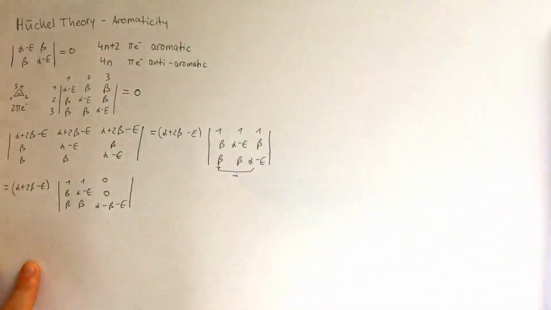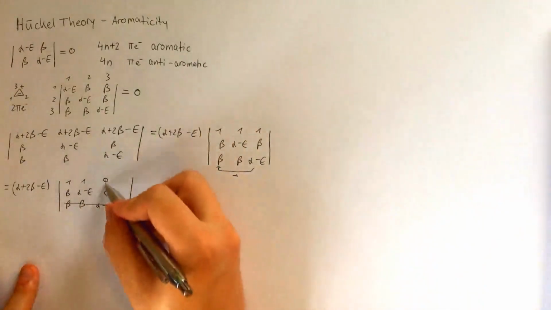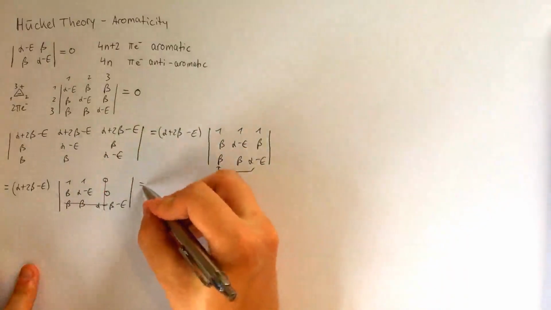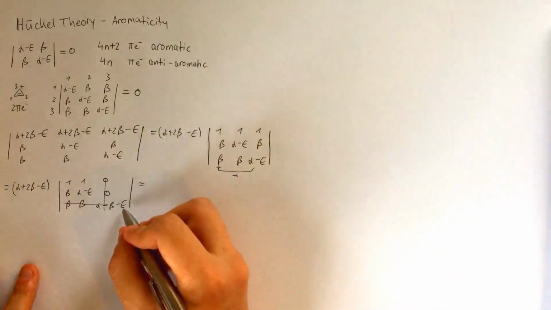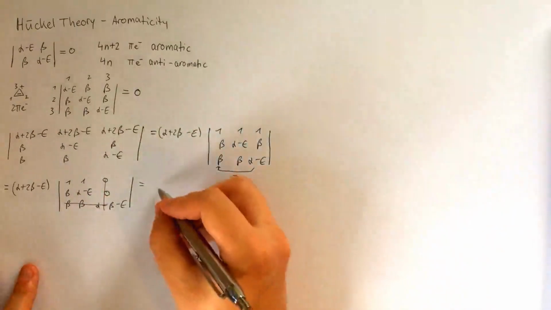What this achieved is that now we have two zeros in one of the columns, so we can expand across this column, which puts a factor of alpha minus beta minus E in front, and we're left with a 2 by 2 determinant.